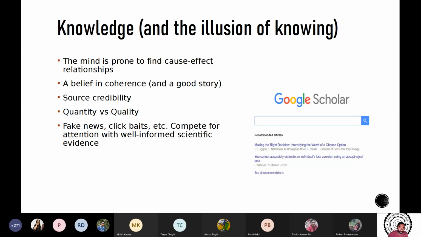And that's why you have all of these other issues now, which has boomed with the internet, which is fake news and clickbait and stuff. But the problem for us really is a lot of it actually talks about psychological aspects or psychological phenomena.